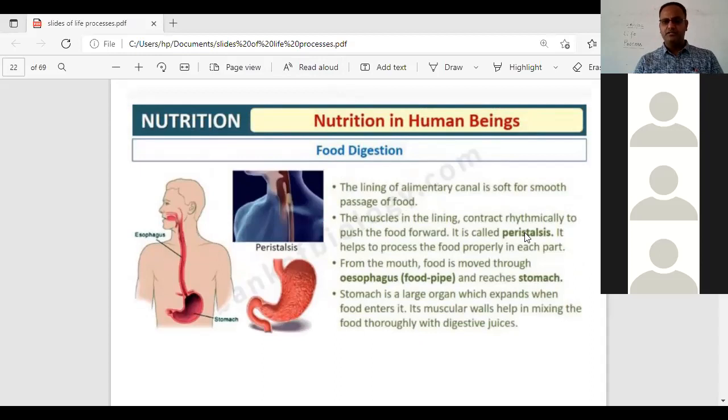Okay, Muskan. You can unmute yourself, Muskan. Yes, sir. Muskan, just briefly discuss what is peristalsis, which we discussed just now. What is this?